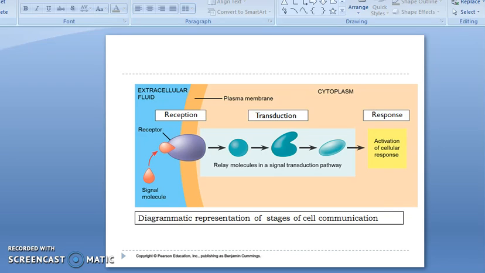Once the reception takes place, the next two stages are transduction and response. The reception takes place at the junction between the extracellular fluid and the plasma membrane, but the remaining two stages, transduction and response, happen within the cell, at the plasma membrane or cytoplasm.